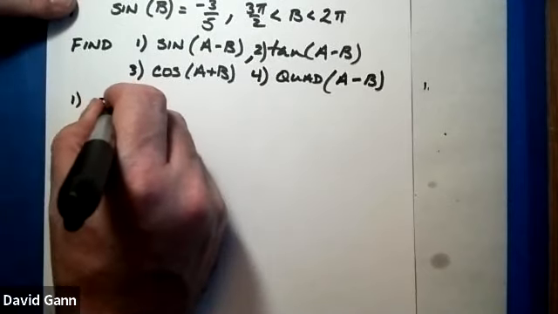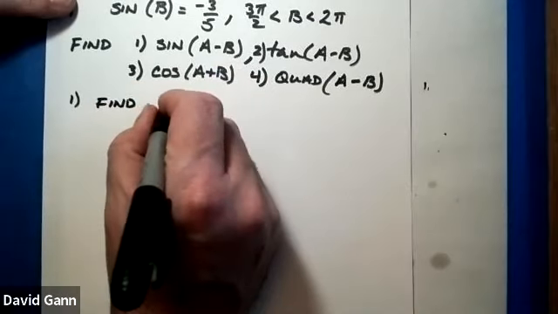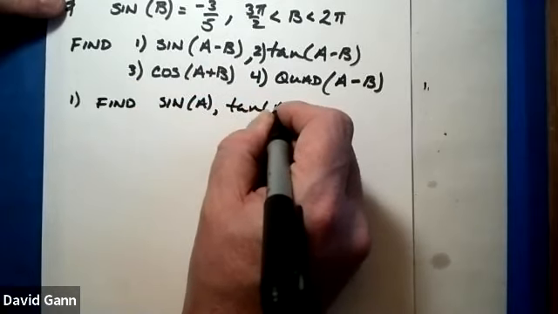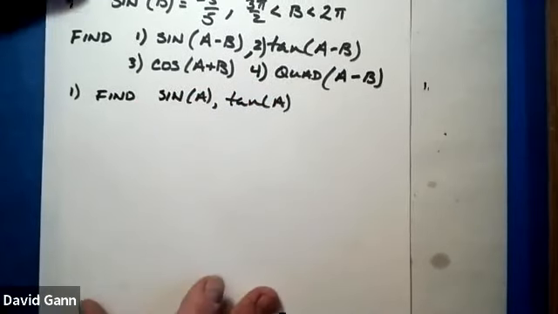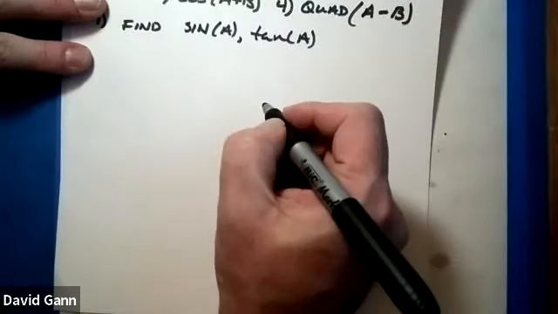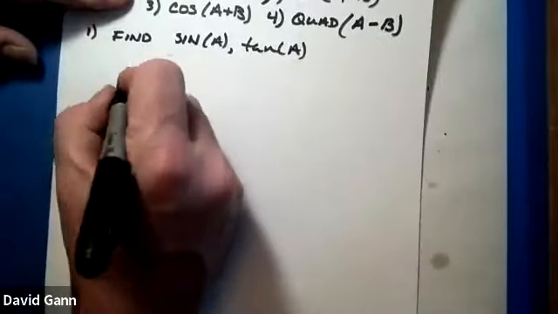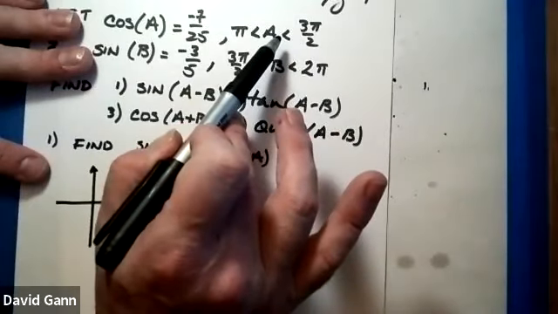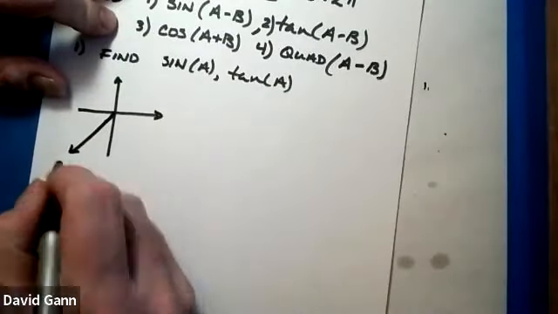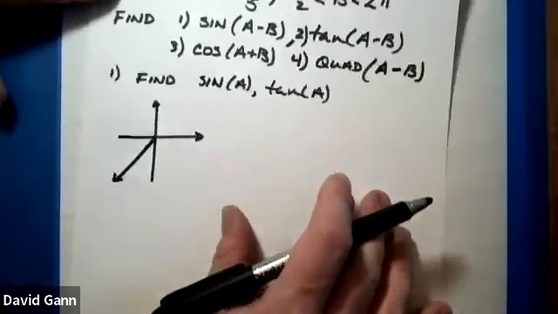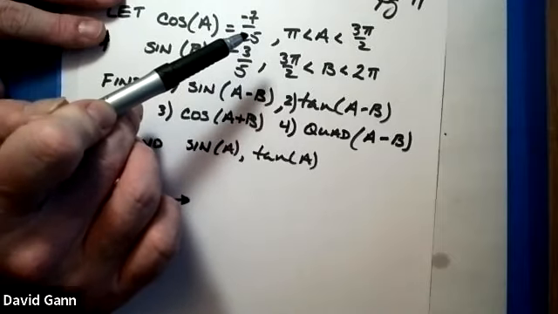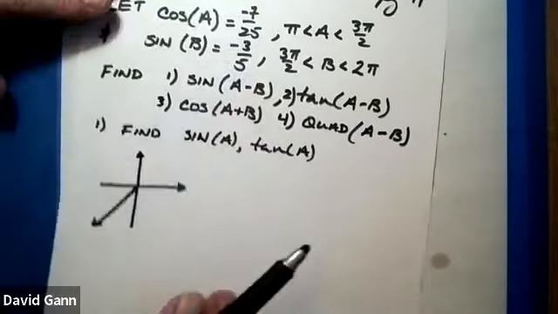So I'm going to say find sine of A and tangent of A. Okay, so remember, well, we start by drawing our angle A, which, according to this information, is in quadrant 3. And because cosine is -7 over 25, that's the R value and the X value.